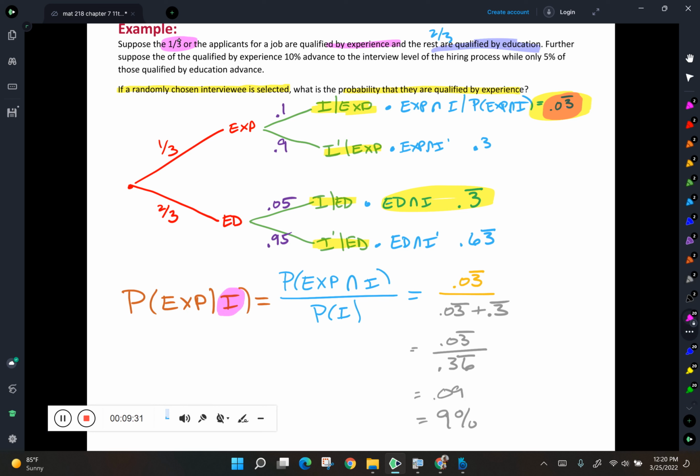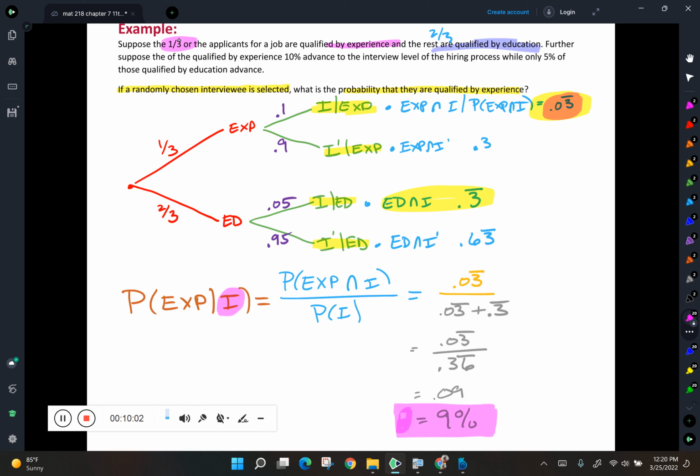Well, the probability of experience, given that you made it to the interview, is going to be 9%. So what does that mean for these people? Well, it looks like it means that 91% of the people who were interviewed got there by having an education rather than by having an experience.